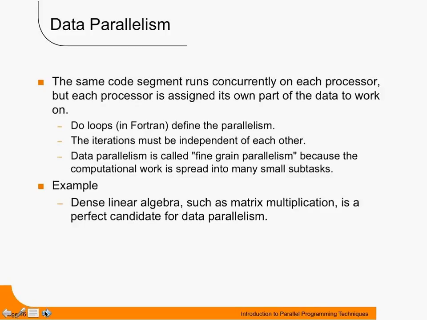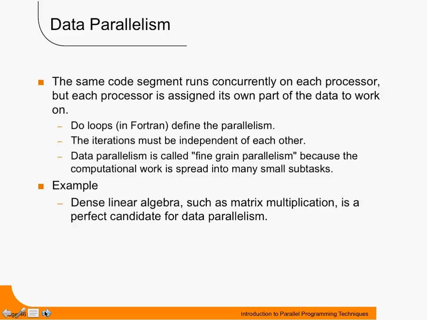Data parallelism is a concept that doesn't have any association with libraries or tools. When I say data parallel, it means I have a lot of data and I have the same task that I want to operate on. It's like when you have loops. A loop is a great example of data parallelism.